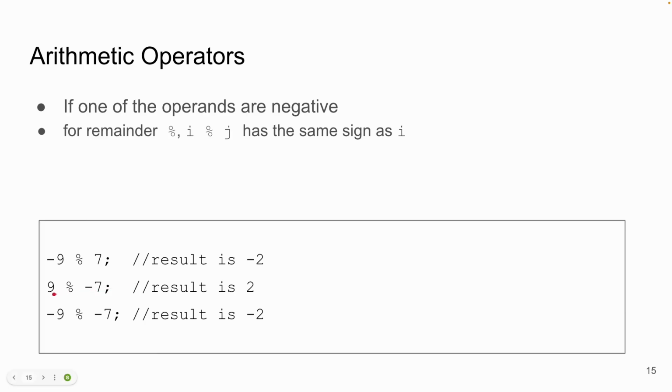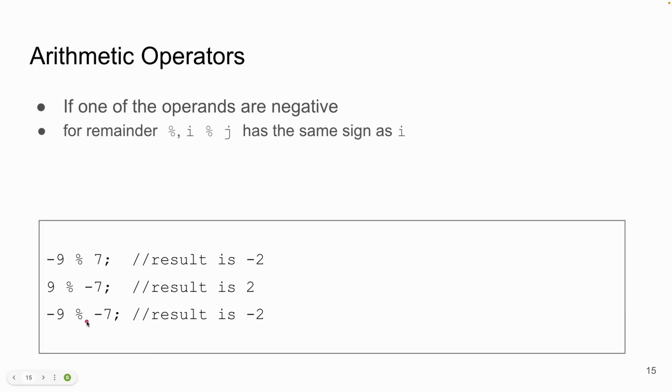And if the minus symbol is at the right operand, then the return value is 2, because the return value has the same sign as the left operand. In the second line, the left operand is 9, which is not a negative value, so the result is also a positive value.